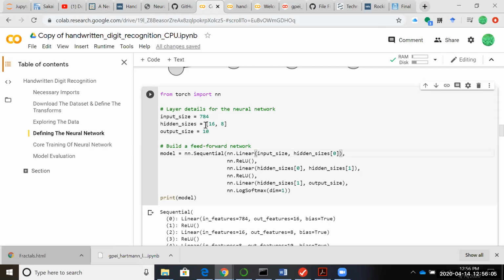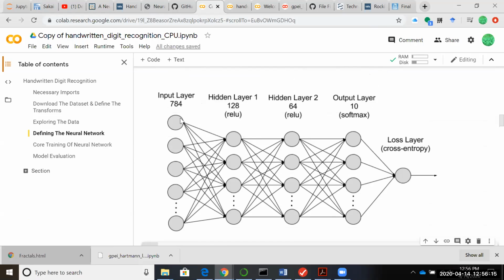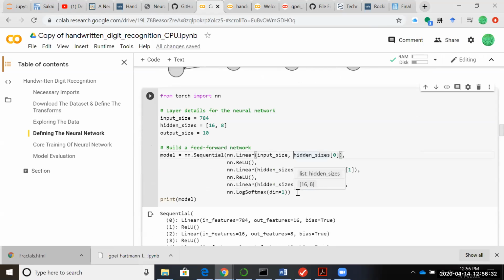Remember we defined 2 hidden layers. The first one connects the input to all the hidden layers. So basically every pixel is fed into, in my case, 16 neurons, and then each of these neurons is again fed into the second layer, into every one of those. So that's basically what it means.